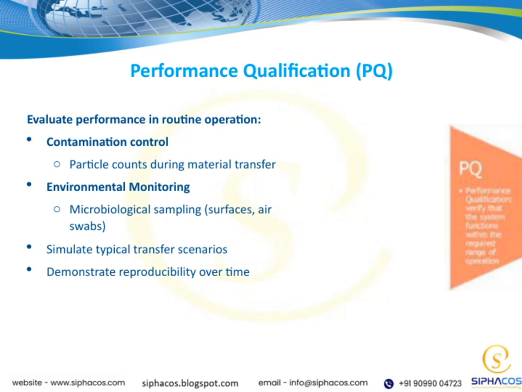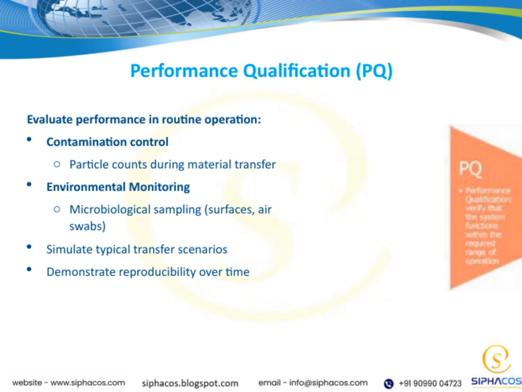We also measure particle counts during material transfer to ensure that our transfer processes don't introduce contamination. Environmental monitoring plays a vital role here, including microbiological sampling of surfaces and air swabs to verify that our environment remains clean and controlled.